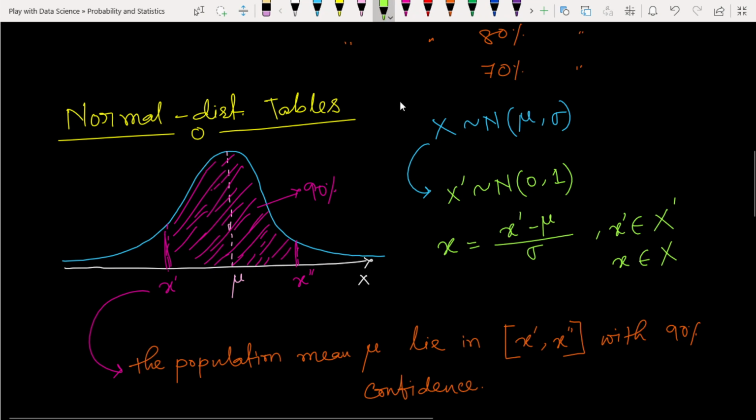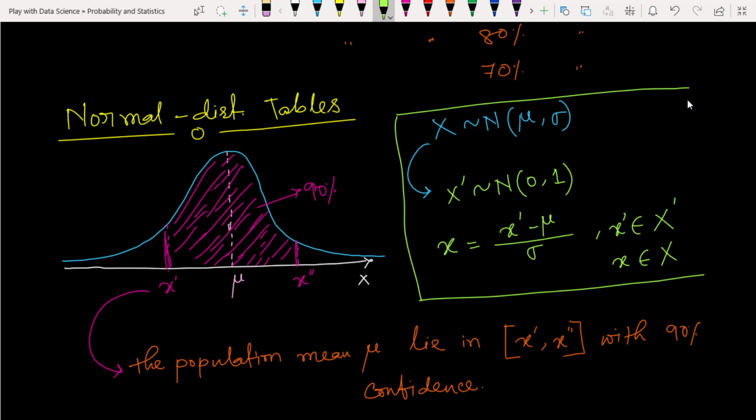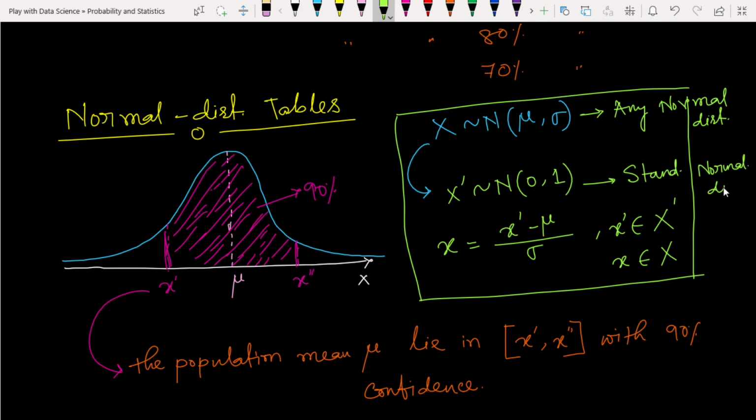We have already seen these things. By simply using this formula, we can convert any normal distribution to a standard normal distribution. This formula is called standardization.